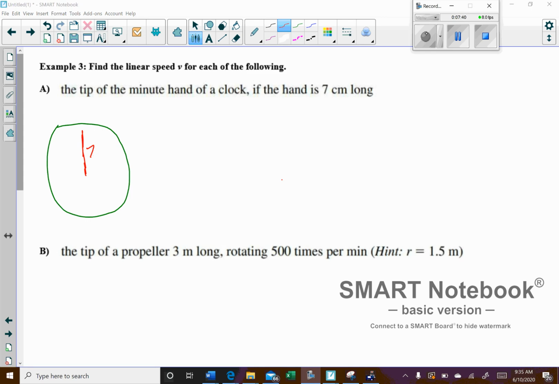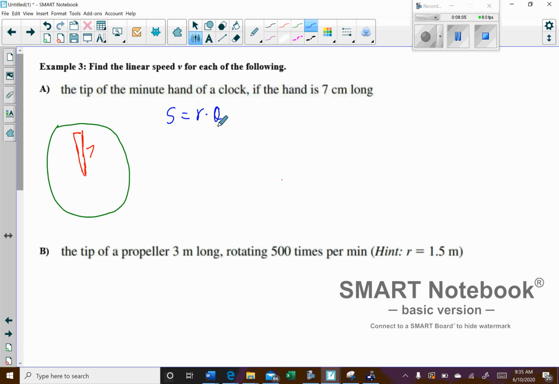Okay, so really what we're going to do here is you're really just figuring out the small arc length right here because it's going to be per minute. So if you remember, arc length is going to be radius times theta. And so we know the radius is 7. We have to figure out the theta part, and we need to do it in radians.